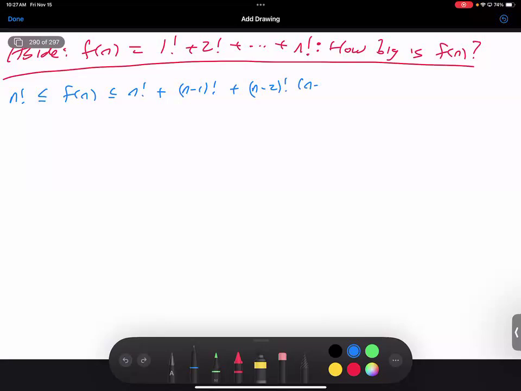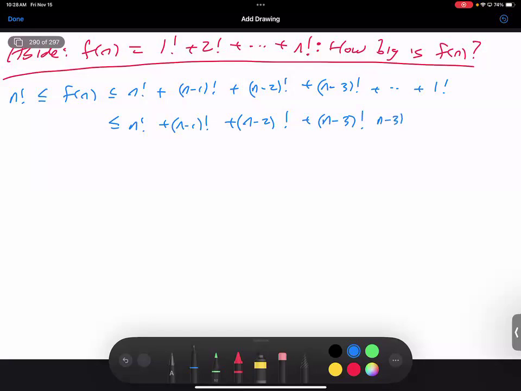Plus (n-3) factorial plus dot dot dot, all the way down to plus 1 factorial. So this is going to be less than or equal to n factorial plus (n-1) factorial plus (n-2) factorial plus (n-3) factorial. And then how many terms do I have from n-3 downwards? I have n-3 terms. So if I replace everything with (n-3) factorial, I've only made things larger.